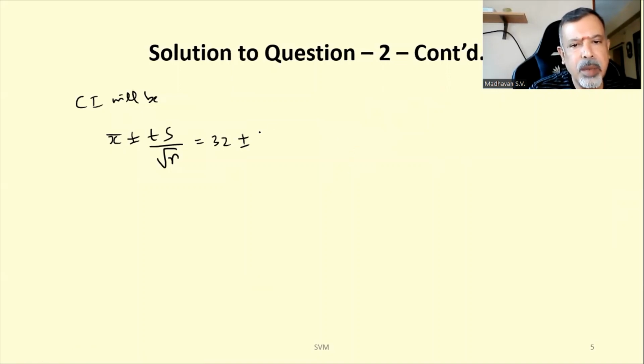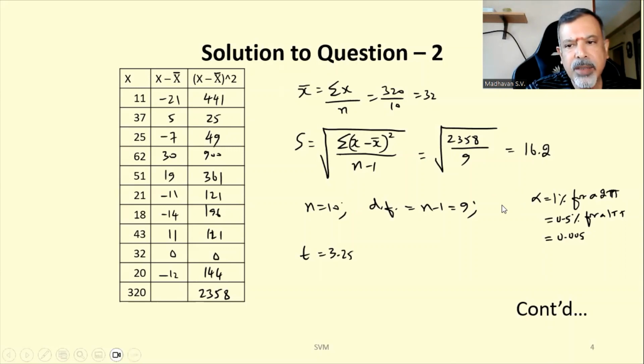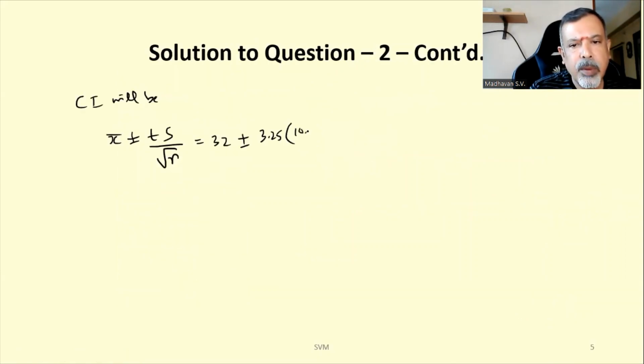So it will be 3.25 times the S value, which we found as 16.2, divided by root of 10. Let us calculate this. 3.25 into 16.2 gives 52.65.